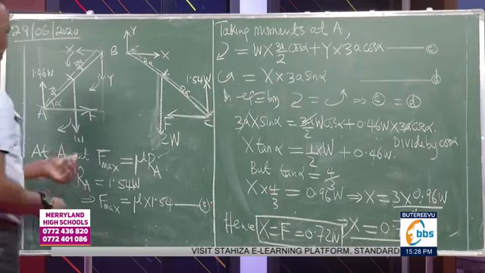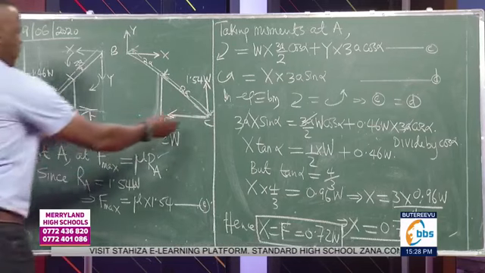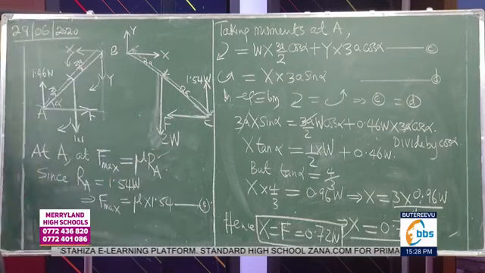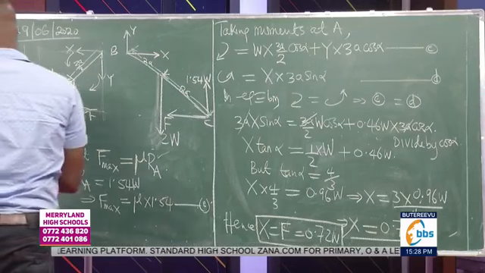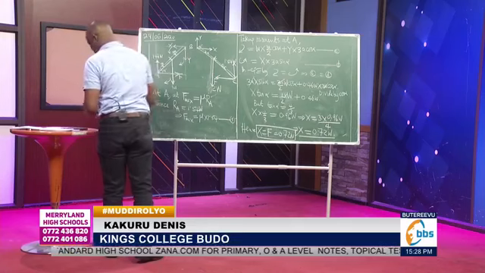And we will also look at this force. Remember, these two forces are equal. We will also look at the force over there, and then we shall be able to equate our expressions.